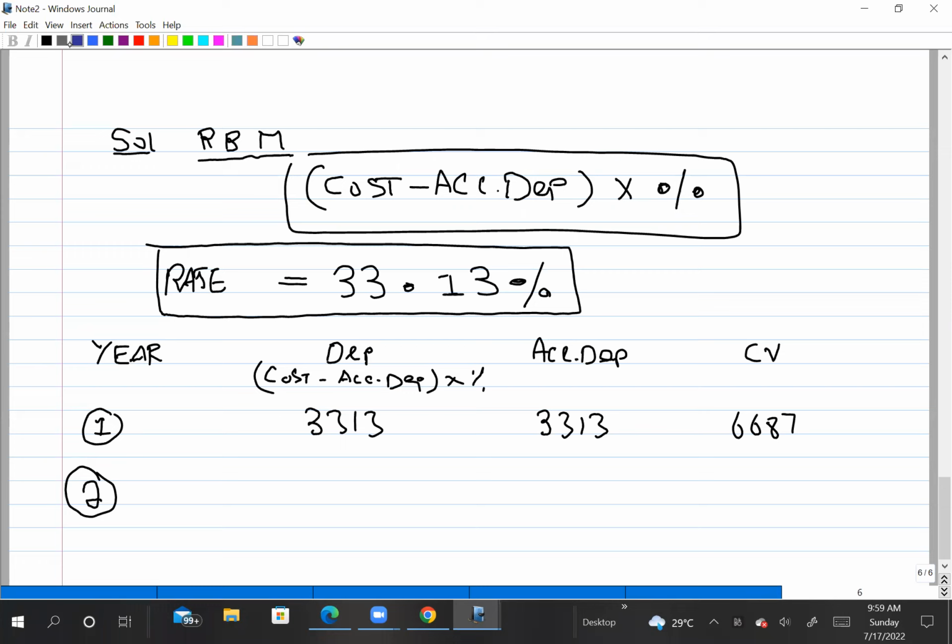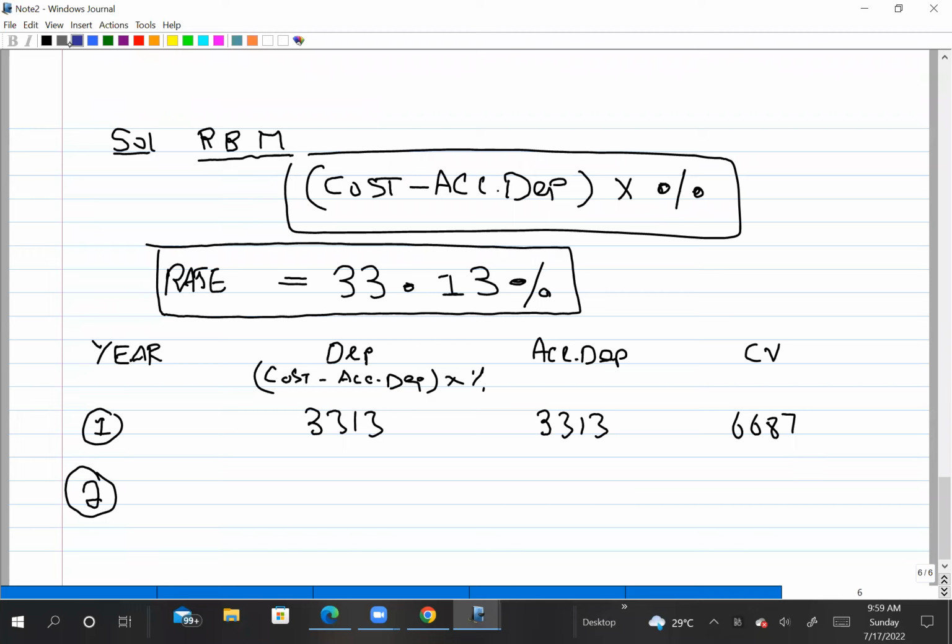And in the second year, depreciation will be cost minus accumulated depreciation. So the cost is 10,000 and now the accumulated depreciation is 3,313. So the carrying value will be 6,687 into 33.13%.